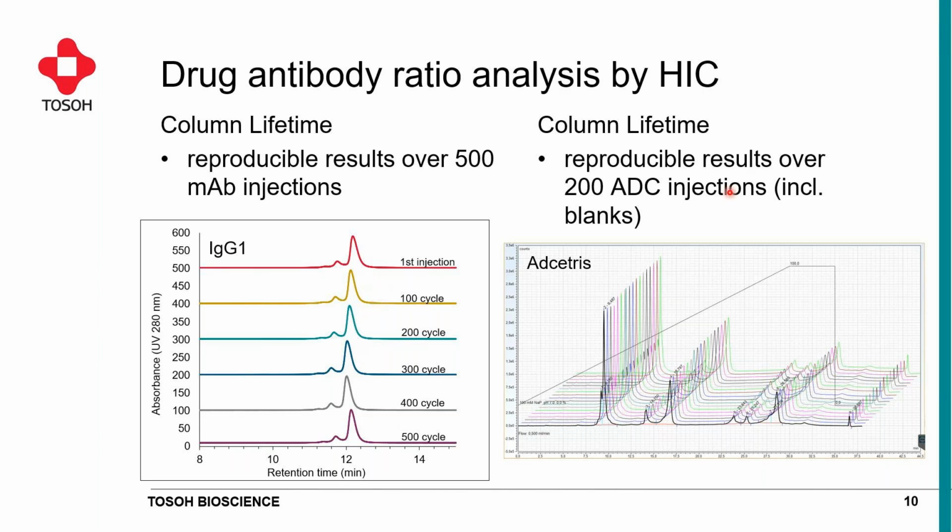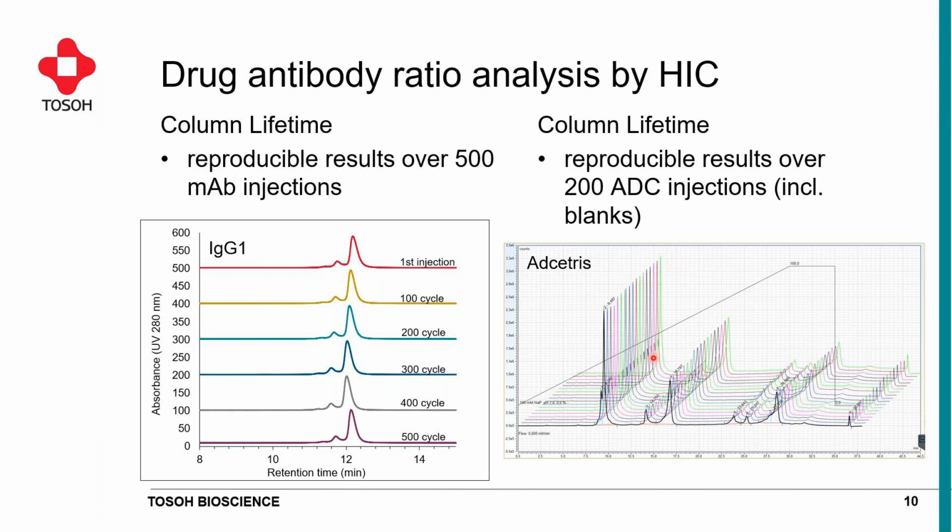The second sample we looked at was an ADC, and this I would regard as more complicated because it is more hydrophobic, and with those we sometimes have more issues, especially if we have a lot of injections. It might be necessary to do a long cleaning step in between, for instance, to get back to the original performance of the column.